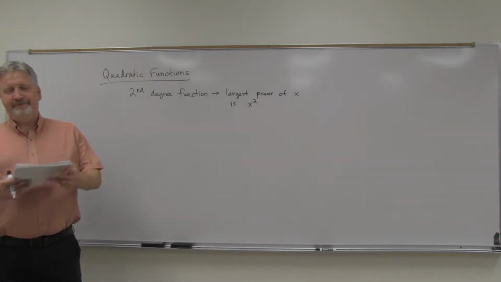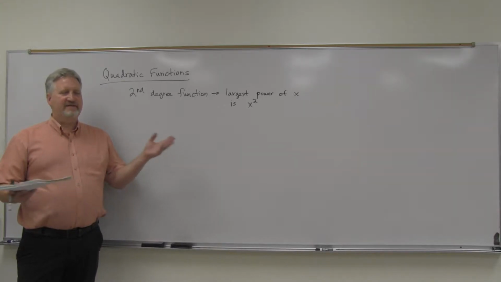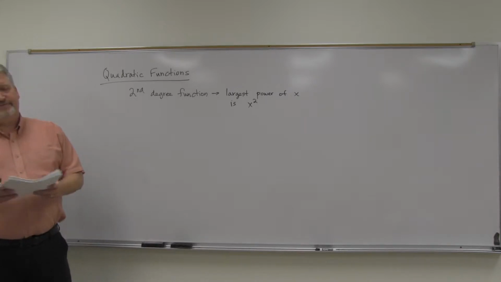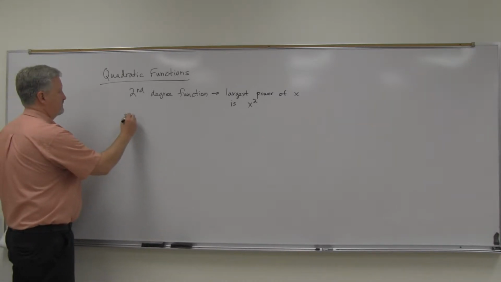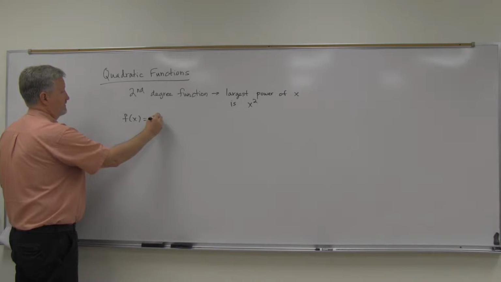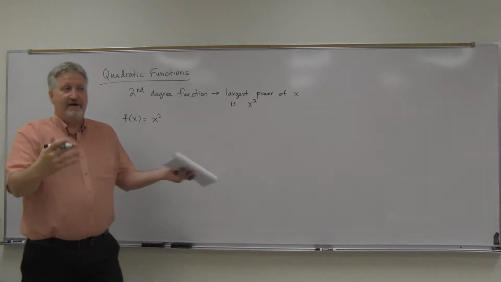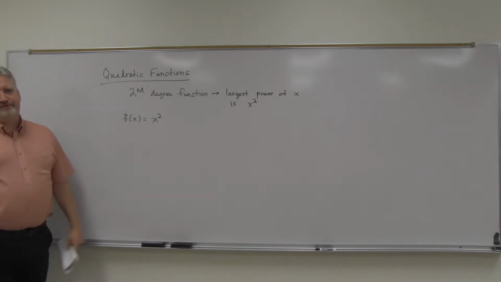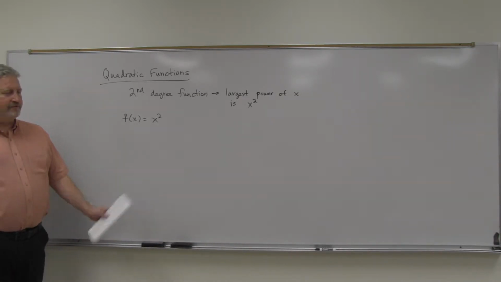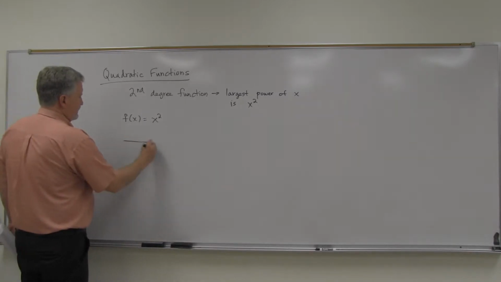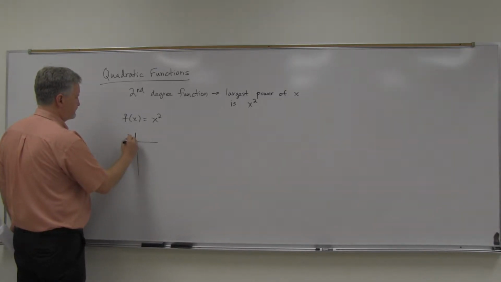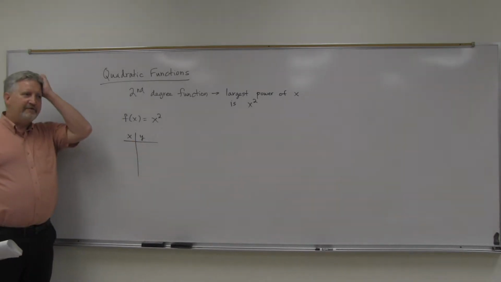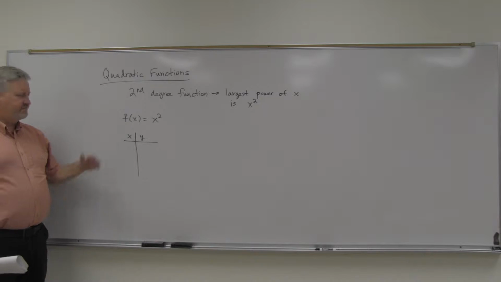All right, now let's talk about the easiest quadratic functions, the two easiest ones. First of all, f of x equals just x squared. Then we'll talk about adding some stuff to that. It's a very simple little function, and let's just do a simple little table here of different x values.